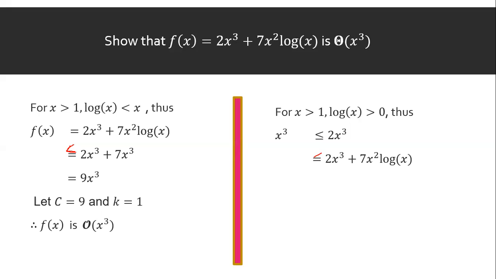Clearly we get something even larger, which is my f of x. So let c be 1, k be 1. We get that x cubed is big O f of x. So they are of the same order.